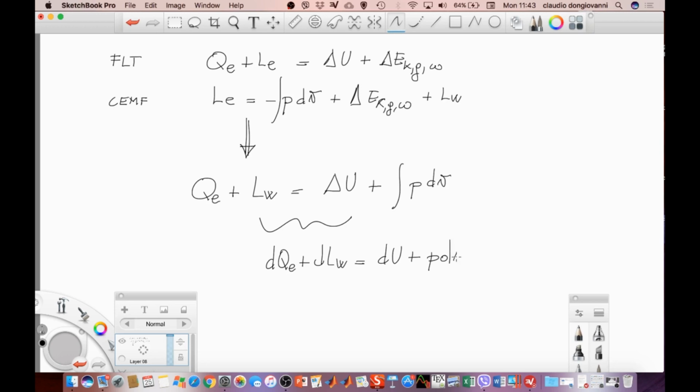This is a very useful relationship. What does it say? Look, what do you have in the left part? You only have energy exchanged by your system: heat and friction work. Okay?